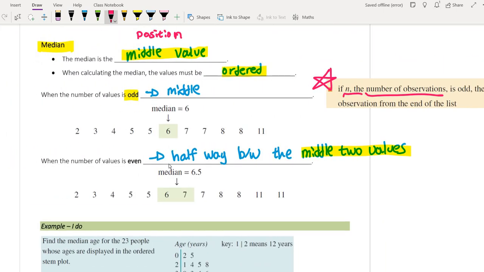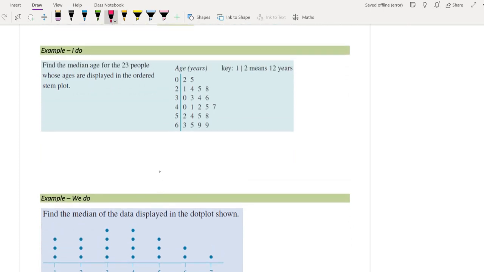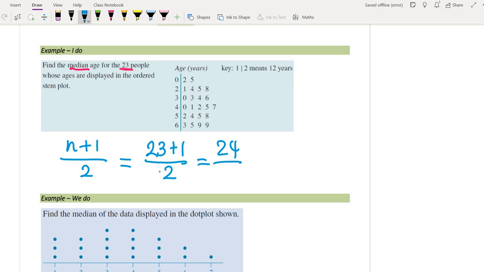So let's put that into use and look at this one together. Here it nicely tells you that there are 23 people in this data set, and we are asked to find the median. So let's use what we just learned. It's N plus 1 divided by 2. N is 23, because it tells us that it is. So we have 24 divided by 2, which is 12. Now, 12 is not your median.